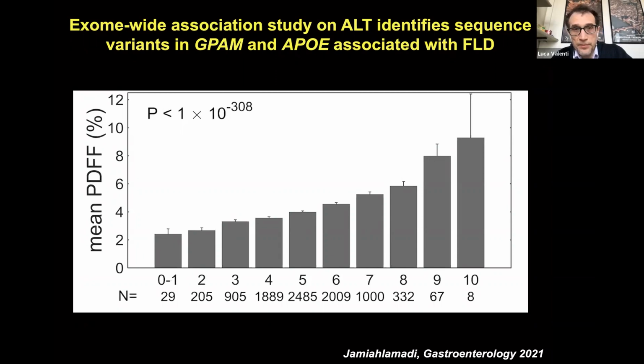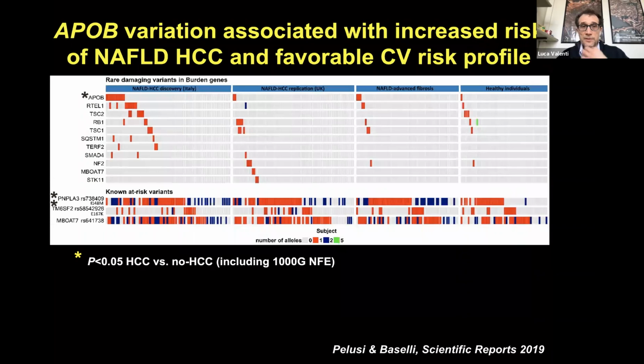Here shown the p-value, there is not a discriminant value, but the main concept here is that by discovering new genetic variants for this condition, we are improving the ability to discriminate the risk of progressive fatty liver disease.